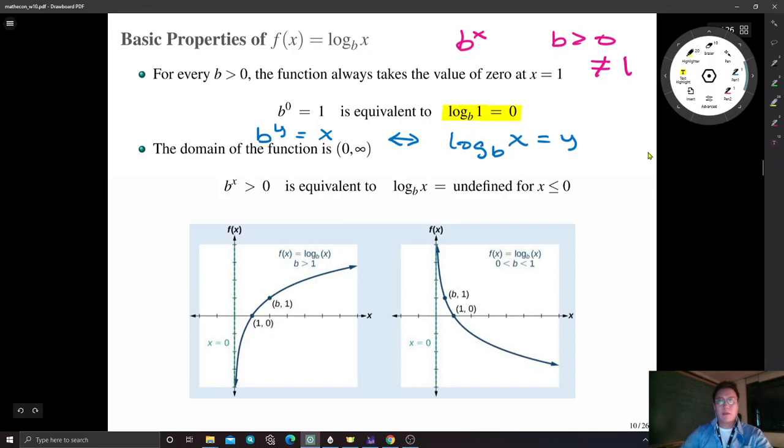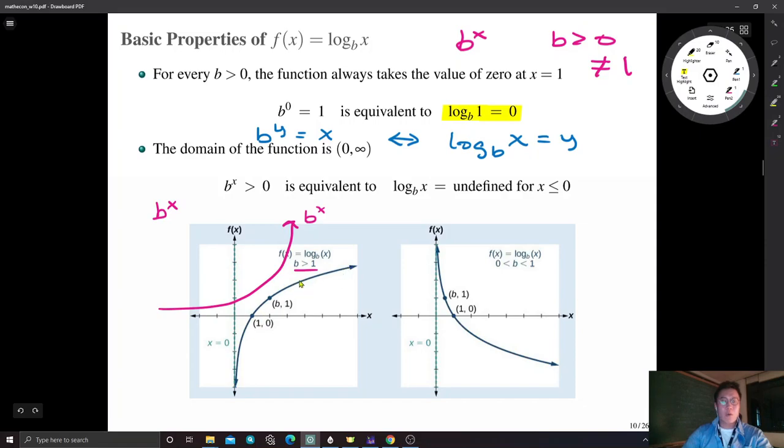The third property: remember, when the base is larger than 1, the exponential function is monotone increasing and looks like this. This is the graph of b to the power x, so its inverse function is a reflection about the 45-degree line, and it looks like this.